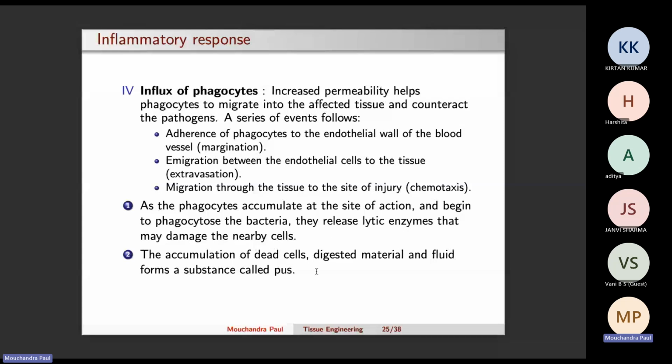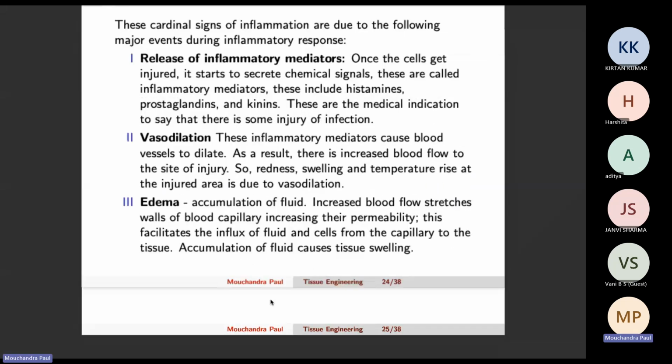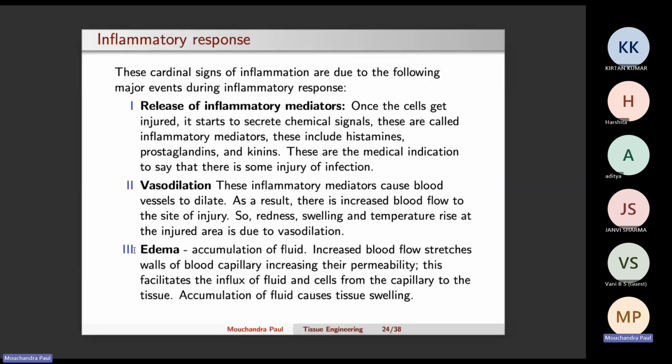So what was the last thing you guys heard? Were you able to understand all these three points? This was the last slide, no? After vasodilation. I think up to edema I discussed.